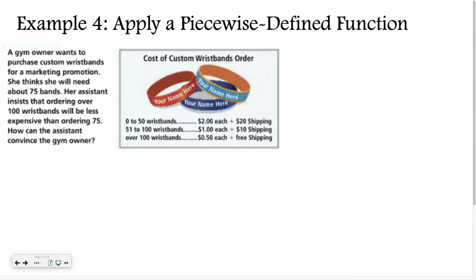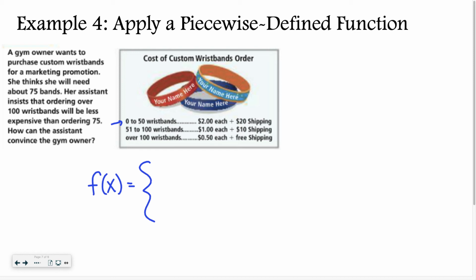First, let's practice writing a piecewise function for this information. I'm going to write f of x equals my big squiggly bracket, because I see I have 3 different tiers. That means I'm going to have 3 different equations. For that very first tier, we have 0 to 50 wristbands.